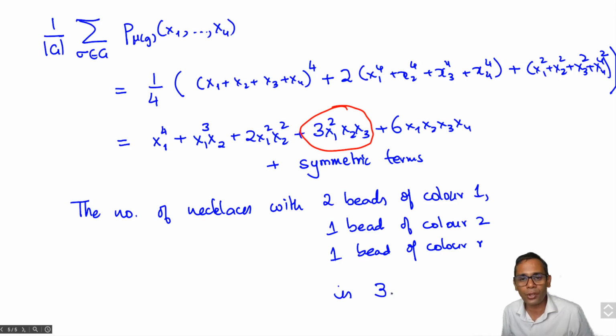You can try to draw these and check that what I said is right. This term here, the 6 x1 x2 x3 x4 says that if you want the number of inequivalent necklaces with 1 bead of each color, then there are actually 6 of them. Again, try to list all of them. So that is the Polya enumeration theorem.